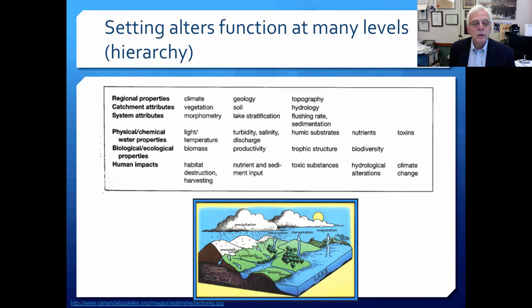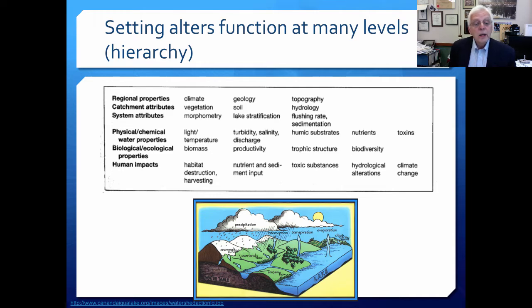Other factors, even smaller in the hierarchy, that influence how the function of an ecosystem varies would be light and temperature, things like turbidity, salinity, and water discharge, humic substances, nutrients, toxins, a variety of smaller scale effects.